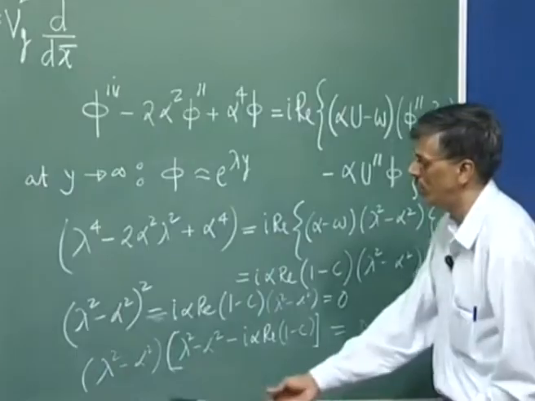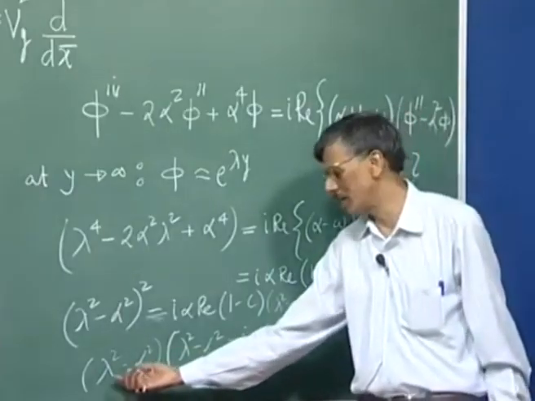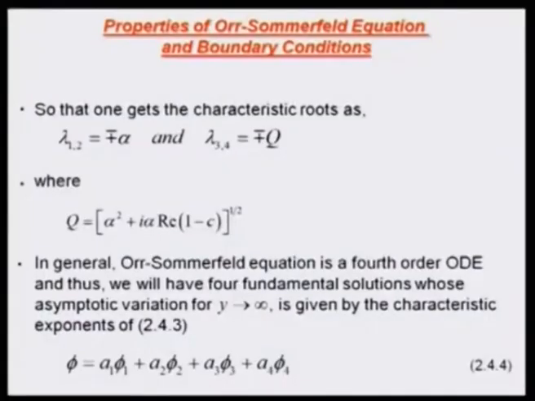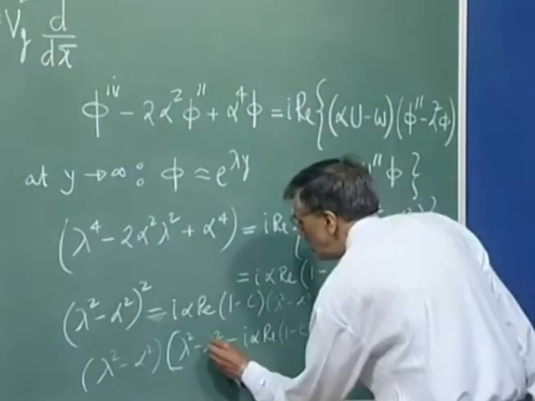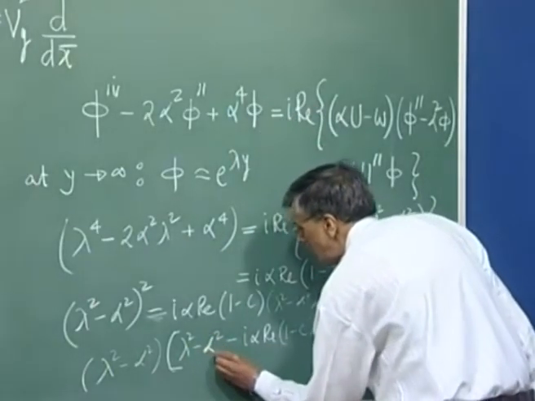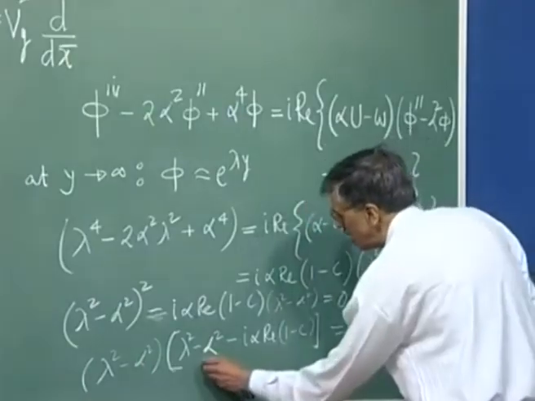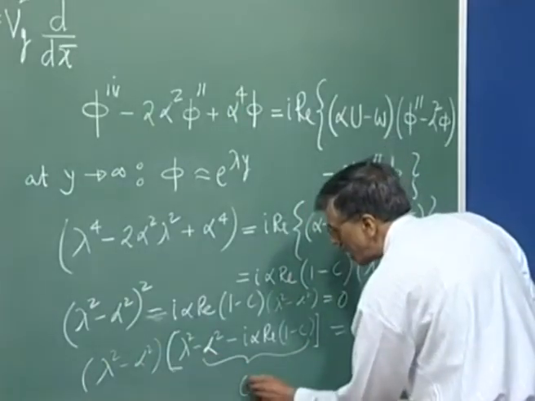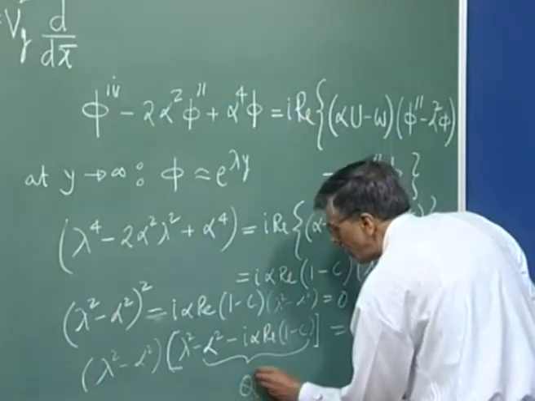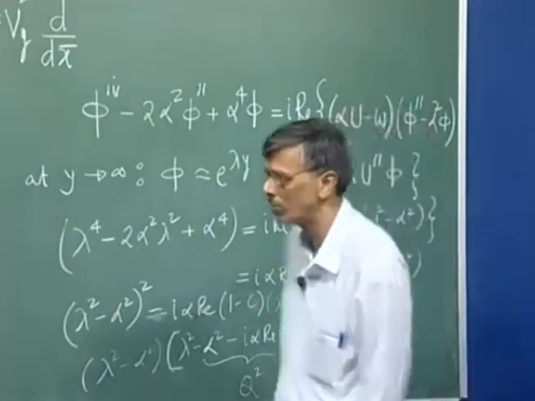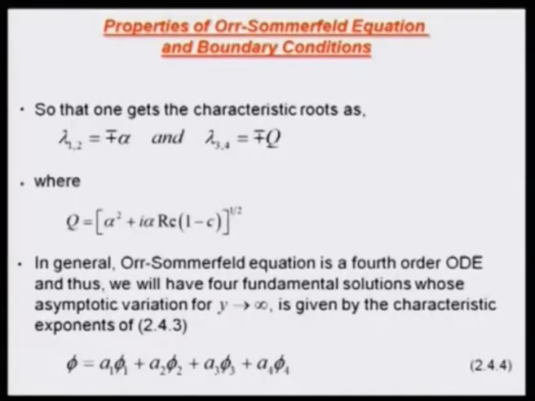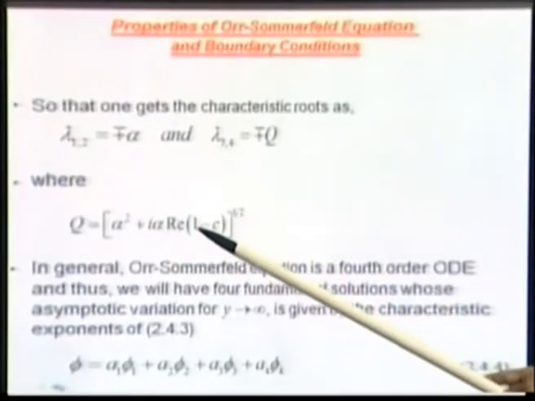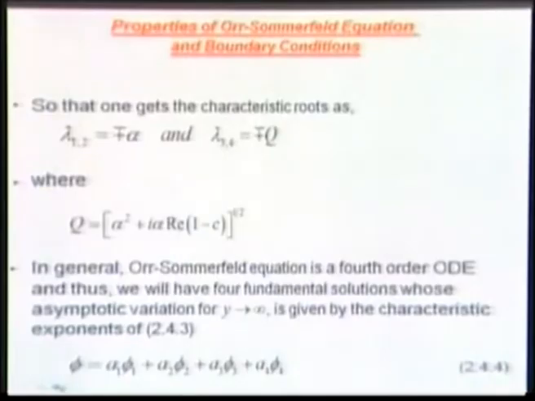So, you can see this factor lambda square minus alpha square gives you those lambda 1, 2, and this quantity here, alpha square plus i alpha R e, we are writing as something like q square. Okay. So, that is what we have written there. Q square is alpha square plus i alpha R e into 1 minus c. So, you can identify those 4 modes.